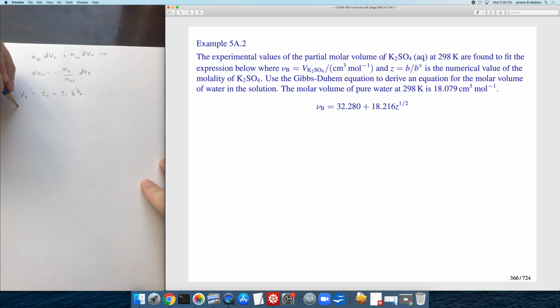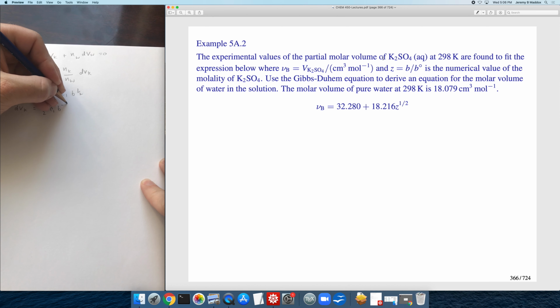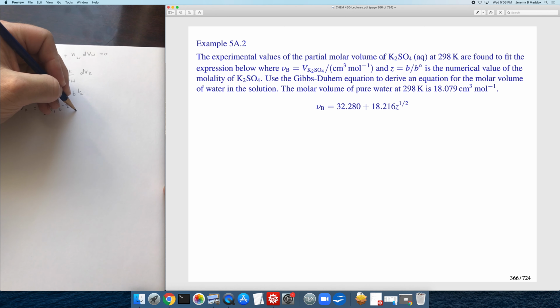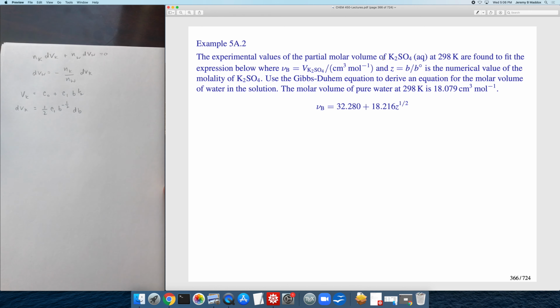So what I'm going to do is take the differential, and that's going to give me 1/2 C1 times B to the -1/2. So just taking the differential expression here, and then we'll write that as now dB.